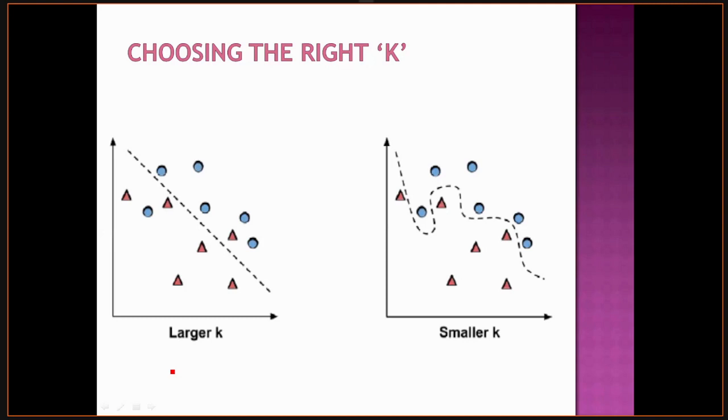Just remember one thing, and it's very trivial to say, the highest value of K is equal to the number of instances in the training record. Okay, that's the highest value of K, right? But in that case, there is a challenge.